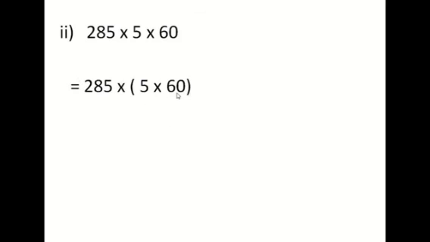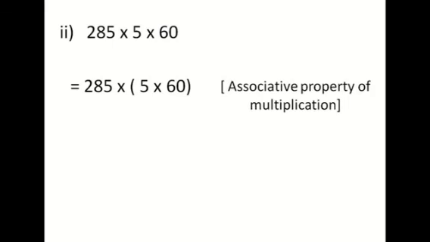I have taken 5 and 60 together in a group and kept 285 separately. Can we take 285 and 60 together? I will say yes. Please try that way also and then compare which is the best grouping. It is associative property of multiplication as I have done the grouping.